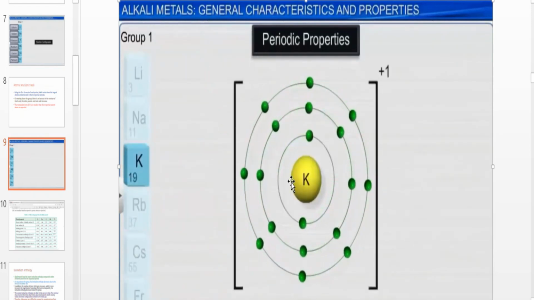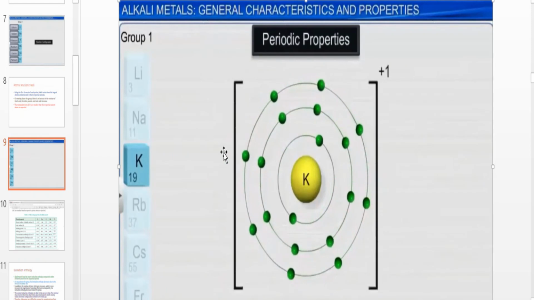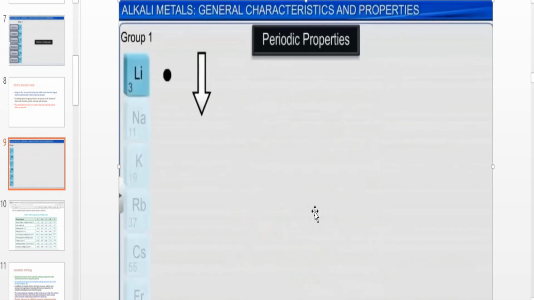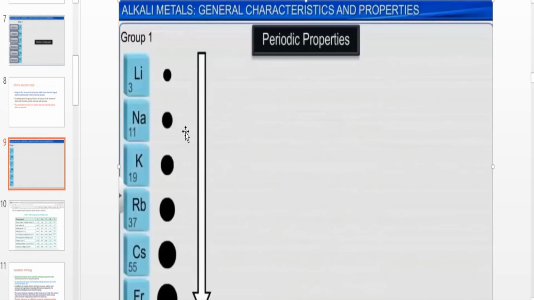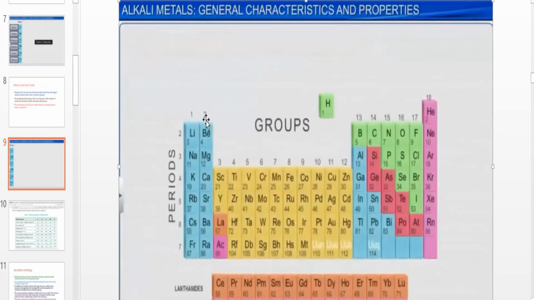For the potassium atom, the size is greater, but if potassium loses one electron it becomes a K plus ion and the size decreases. When we compare the size of an atom and its monovalent ion, the size decreases compared to its respective atom. So as we go down the group, the size of an atom increases.